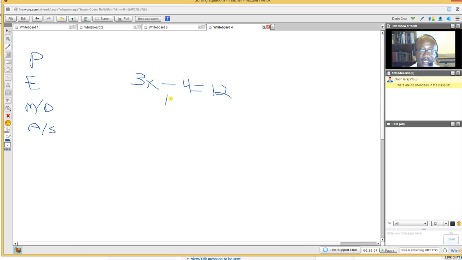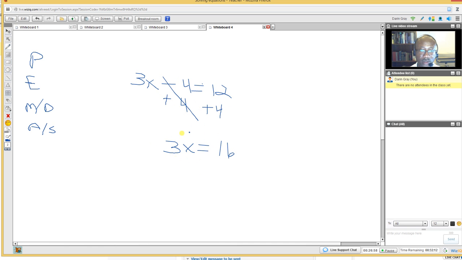So it's connected by subtraction, so we add. Okay? This one goes away. Whatever we do to one side, we do to the other side, and now we end up with this. Now we have something that we can work simply.